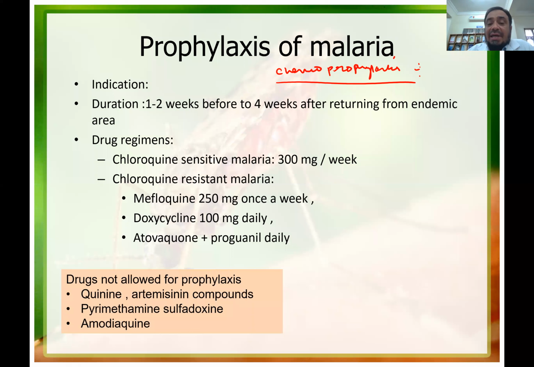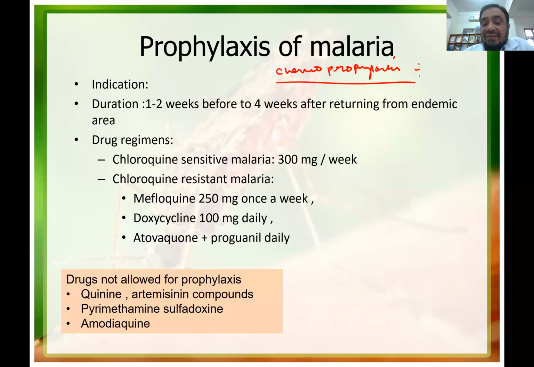For them also you can give chemoprophylaxis. So for chemoprophylaxis of malaria, you use chloroquine, mefloquine, doxycycline, or atovaquone-proguanil combination.